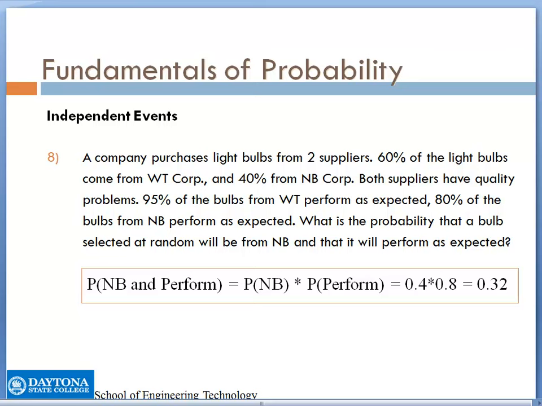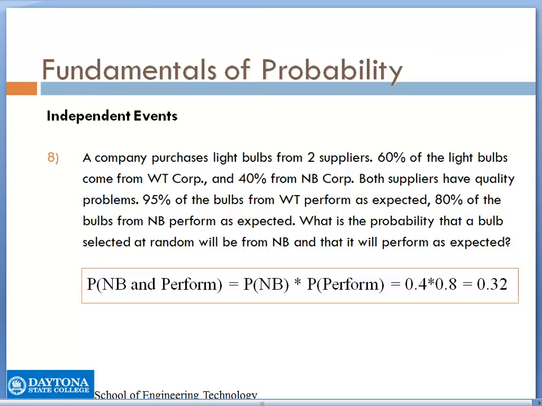So what is the probability that a bulb selected at random will be from NB and that it will perform as expected?